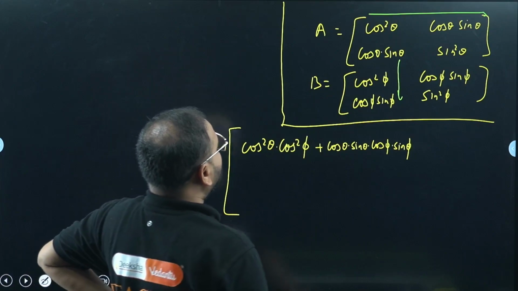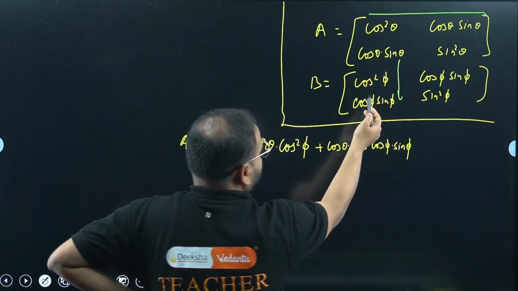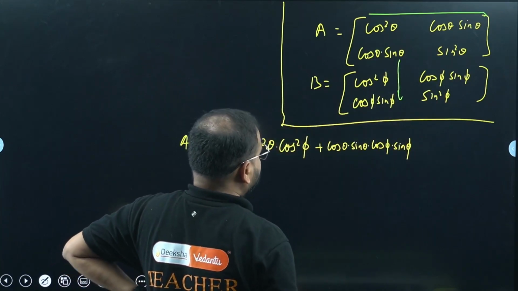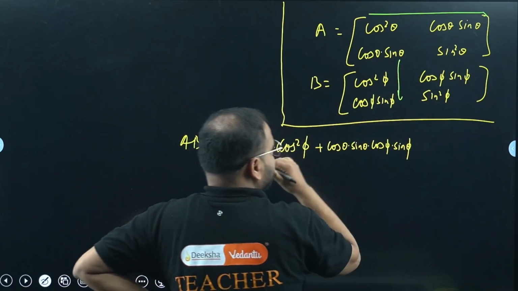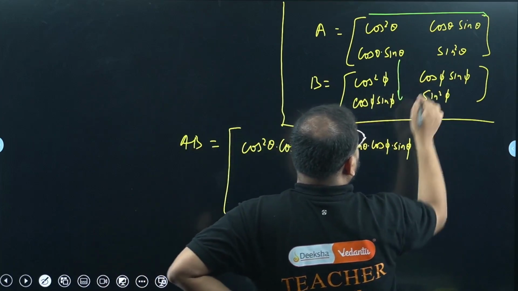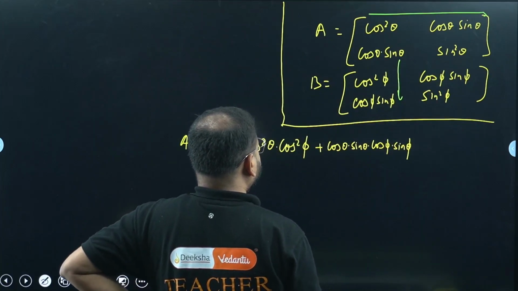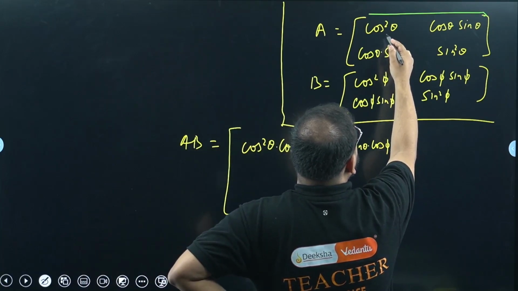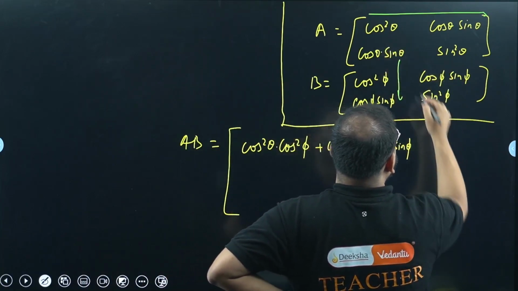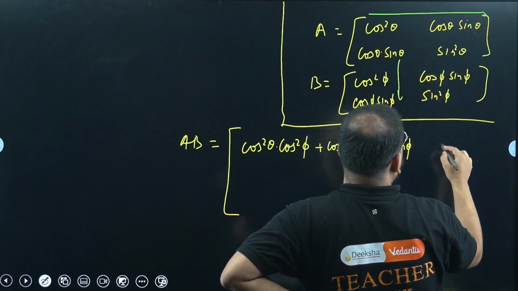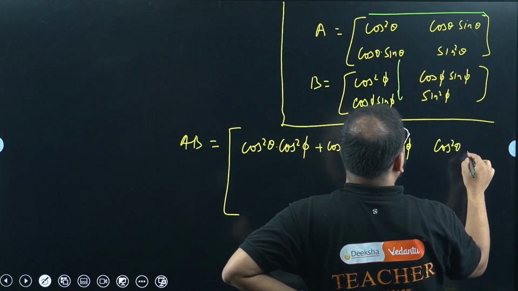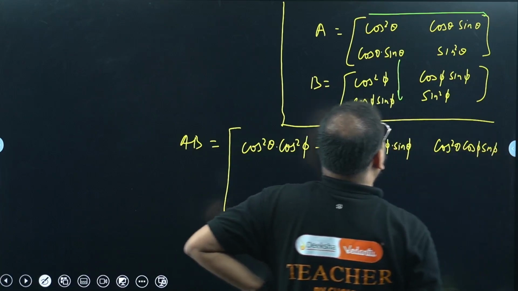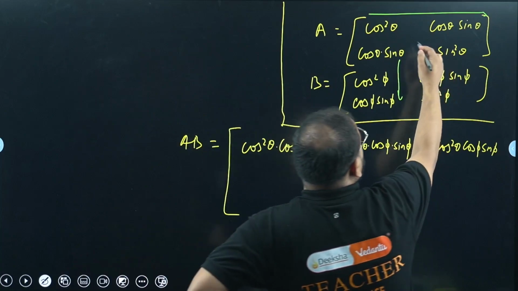Check here. So cos square theta with cos square phi and then cos theta sin theta with cos phi sin phi. Okay, sir. Next what? Same we will do with second row. Check out here. So this will look like cos square theta with this, so it will be cos square theta cos phi sin phi, and this will be what?